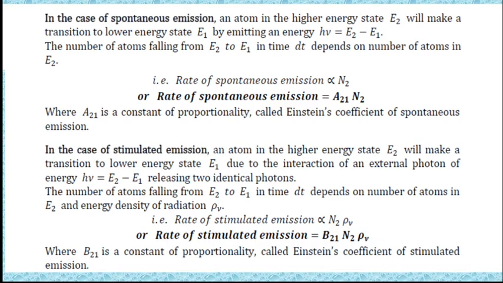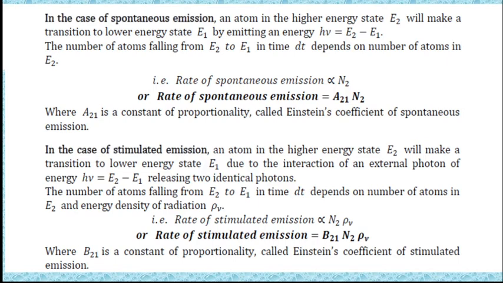One is the number of atoms present in the higher energy level, that is N2, and it also depends on the energy density of incident radiation. So the rate of stimulated emission will be N2 into rho nu.